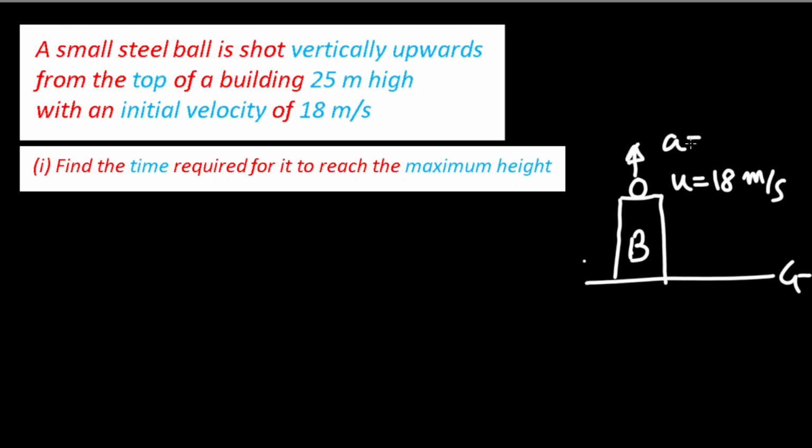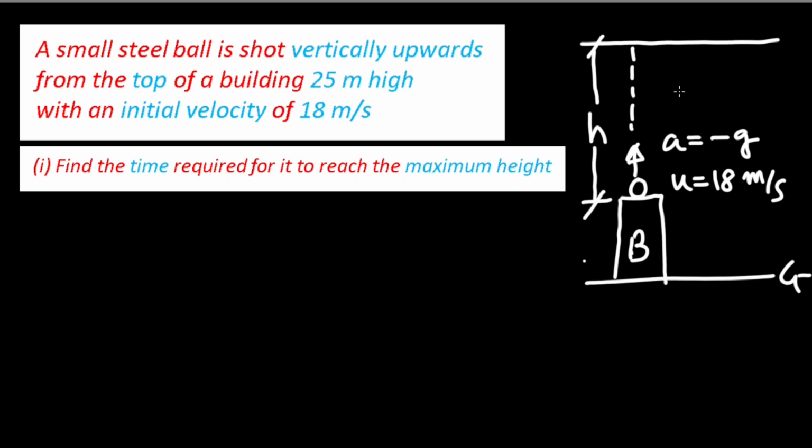Its acceleration will be minus g, and supposing it reaches the maximum height h after a time period t1. So we have to find this time after which it will reach the maximum height.